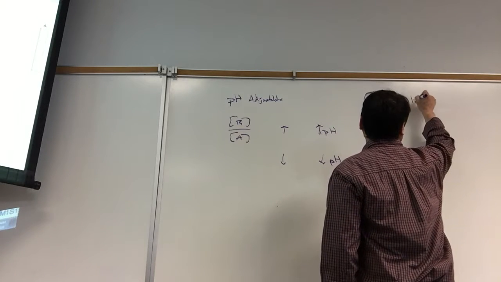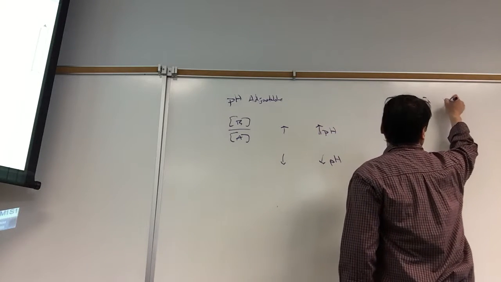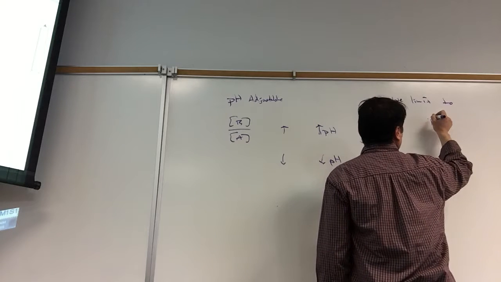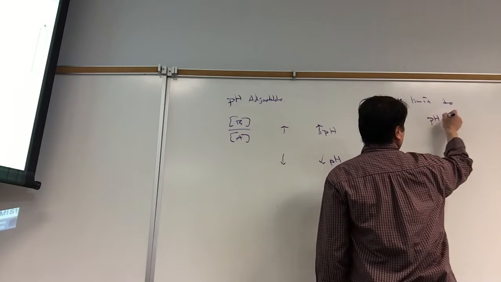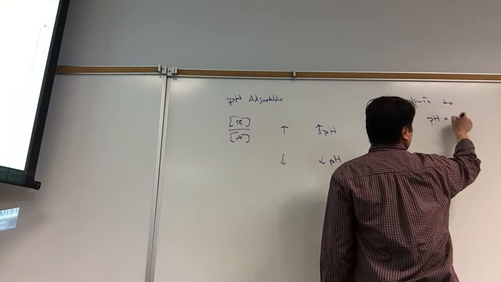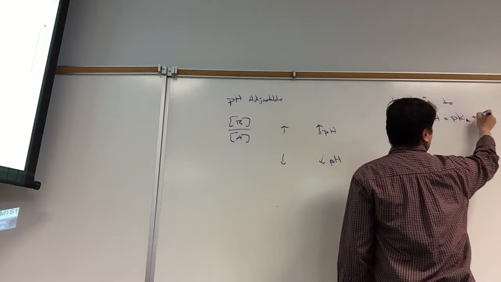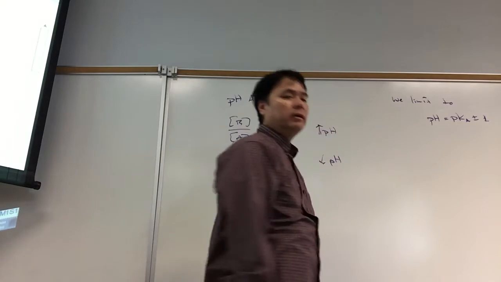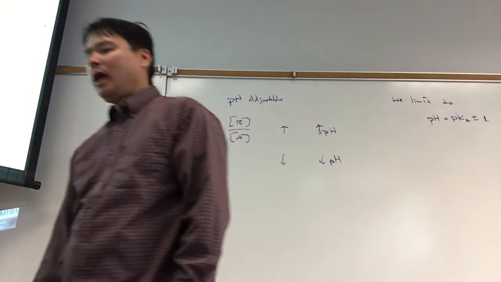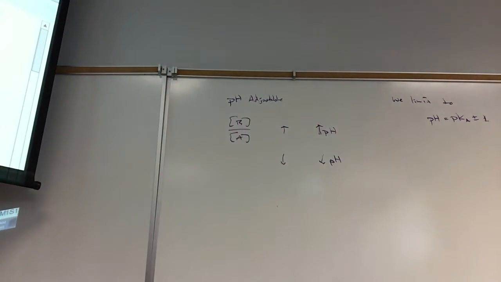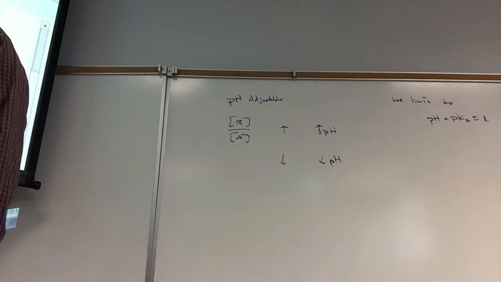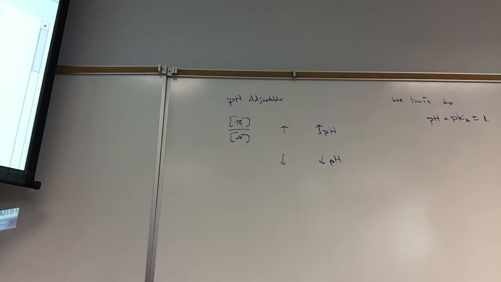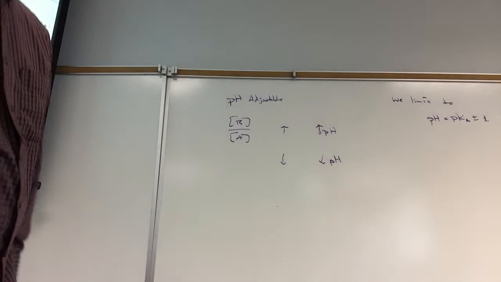We limit to this. We want to go with a pH equal to the pKa plus or minus 1. We don't want to veer too far away from the pKa, because the farther we veer, the less balanced this buffer becomes.